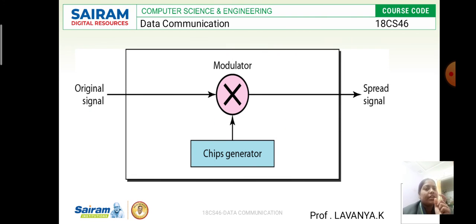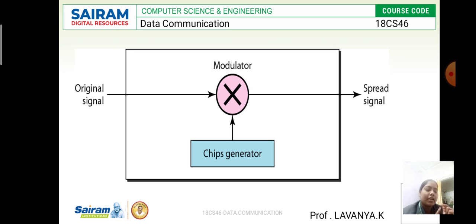Whenever the original signal is modulated with the chips, the chips are generated into the spread signal along with the modulated signal. Here there is no frequency changing, whereas in hopping the frequency keeps on changing and finally only one frequency is displayed in the given bandwidth.